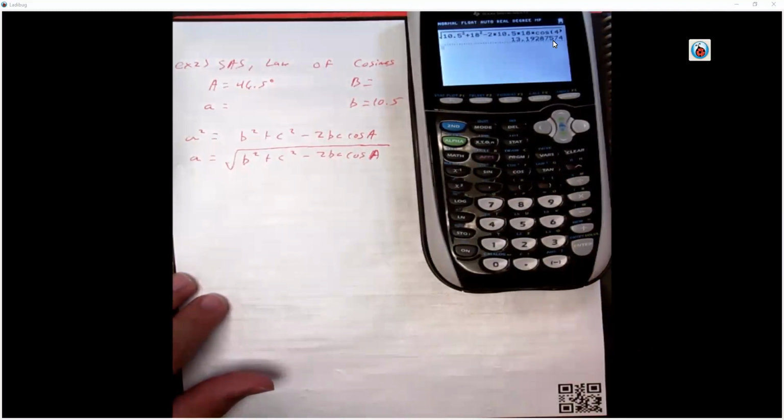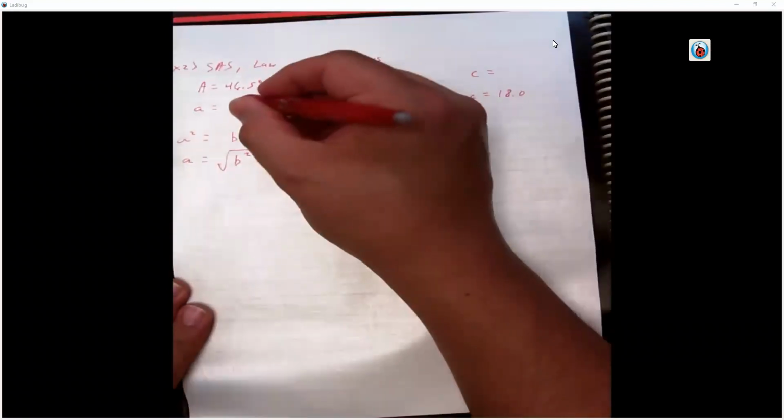This is all at once inside the root. A is 13.19, and let's round to one decimal place because this example has one decimal place. Box the ones that we solved for, so we know the difference later.